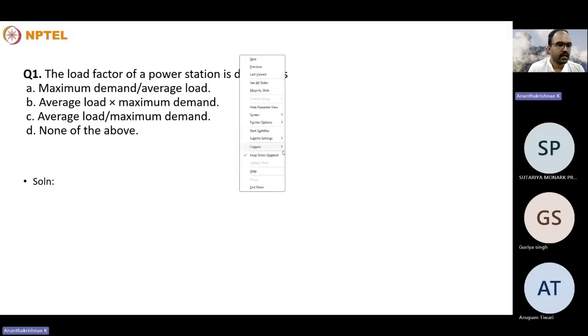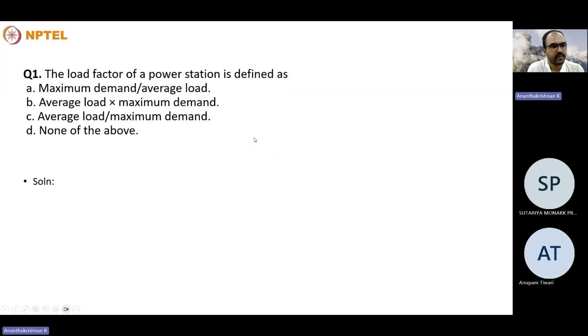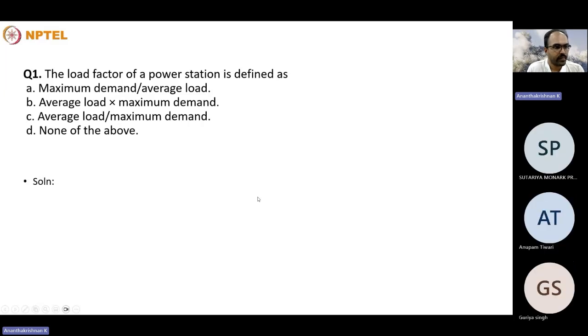The question is: the load factor of a power station is defined as the maximum demand by average load, load into maximum demand, average load divided by maximum demand, or none of the above.